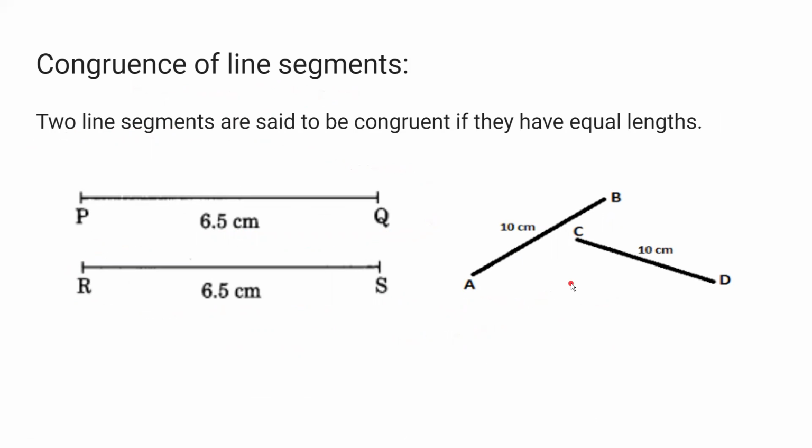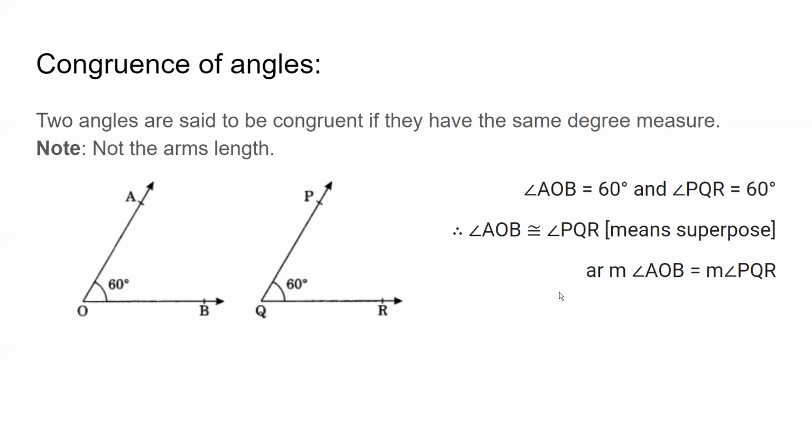Yes, these two lines are congruent because we think about the lengths, not about how they are placed. AB is 10 centimeter and CD is also 10 centimeter. They are not placed parallelly, but it is not that they are not congruent. They will be congruent, and we measure the lengths of the line segments to say whether they are congruent or not.